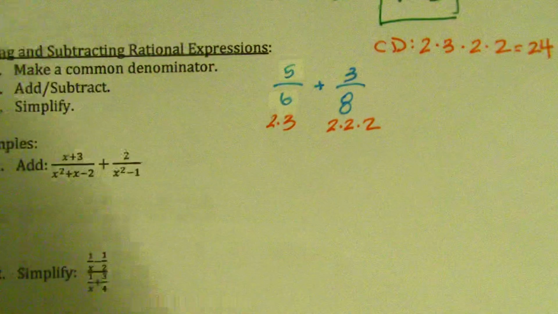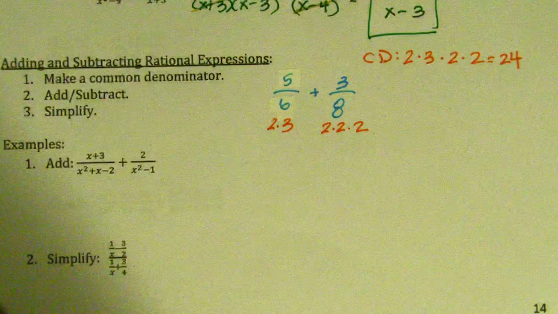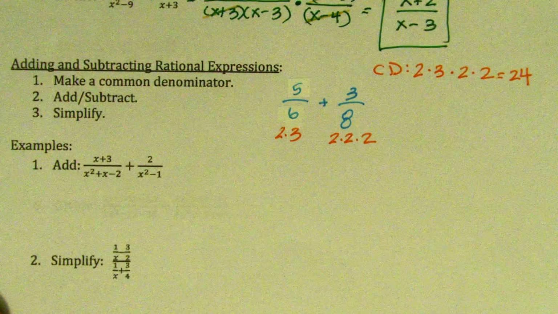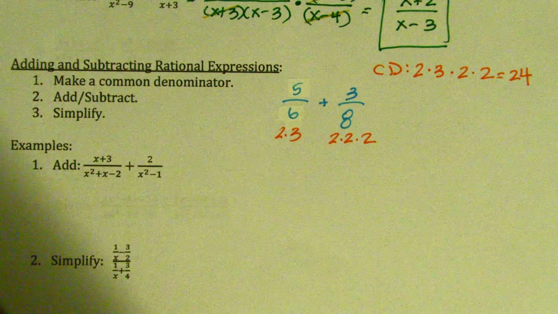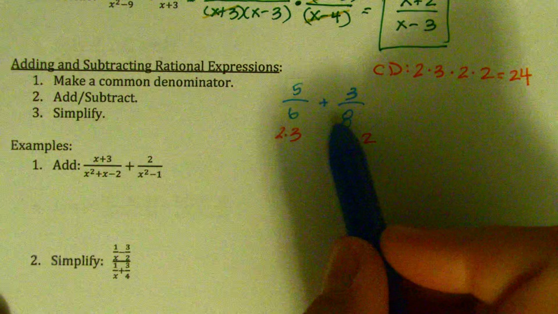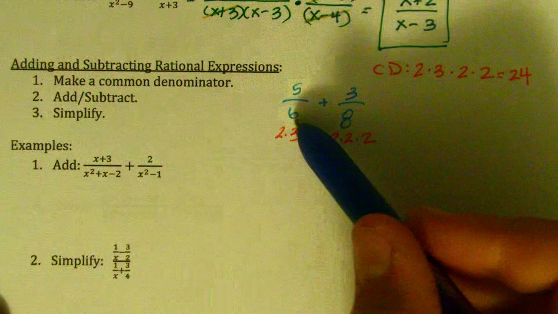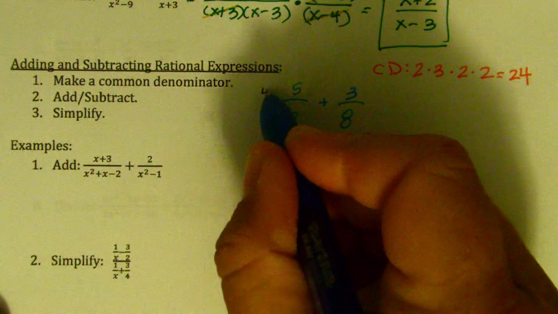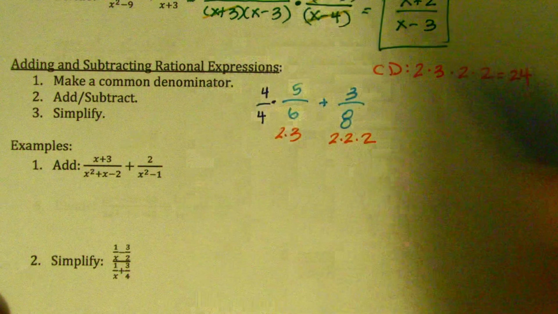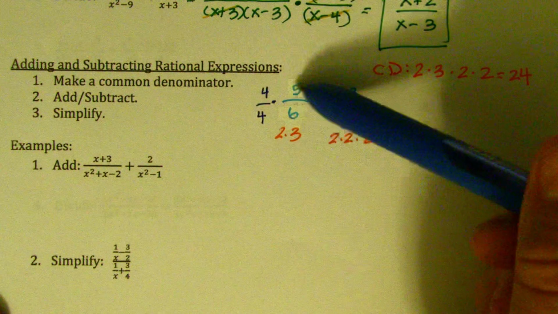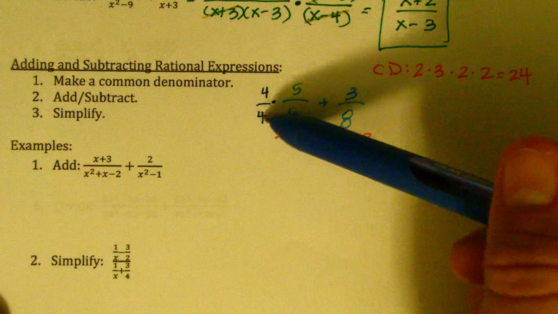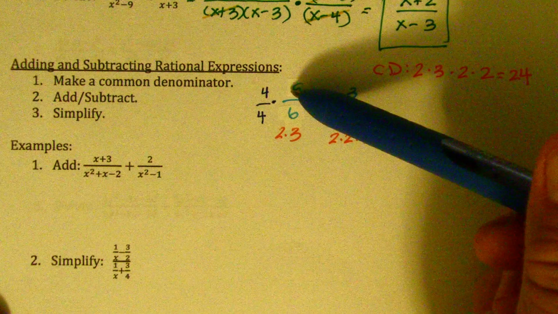Let me zoom out a tad here. So if my common denominator is 24, then what I need to multiply each of these fractions by is whatever would make this 24 and whatever would make this 24. Well, 6 times 4 is 24, so I'm going to multiply by 4 over 4. And we do it on top and bottom because we can't change the value of the fraction. If I just multiplied by 4 on the bottom, that would change the fraction.